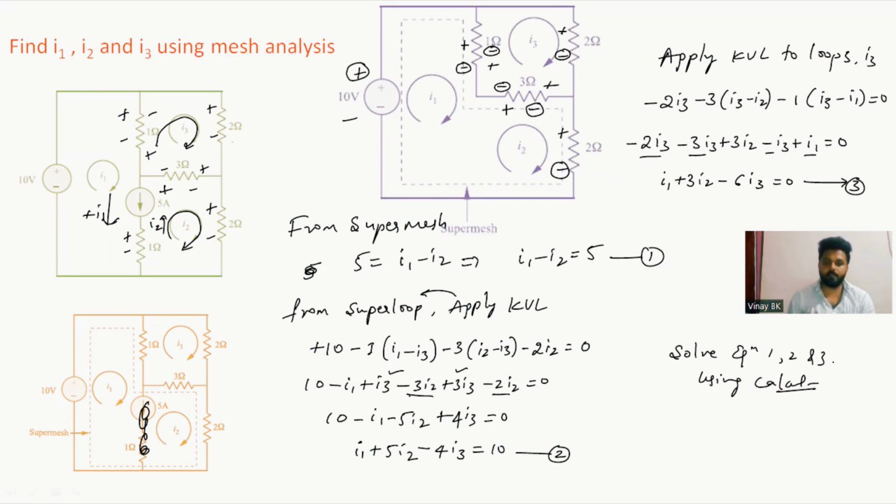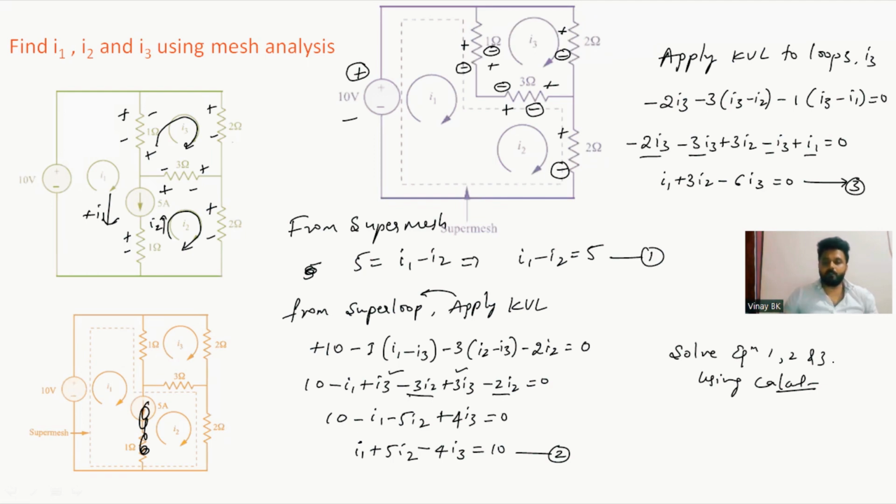Here A1 is 1 from equation 1, B1 is minus 1, C1 is 0, and D1 is 5. Similarly, from the second equation: 1, 5, minus 4, 10. From the third: 1, 3, minus 6, 0.